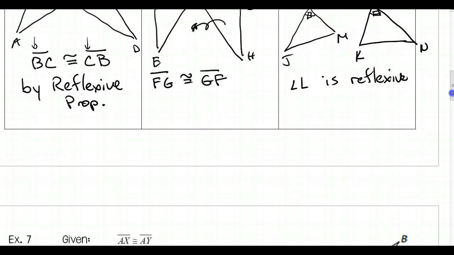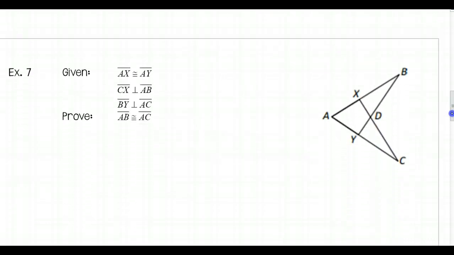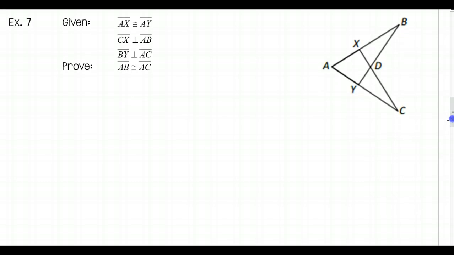All right, so moving on to some proofs. For example 7, we're given that AX is congruent to AY, and I know that CX and AB are perpendicular, so I know that these are right angles over there, and BY is perpendicular to AC, so I know that these are right angles, and I want to prove that AB and AC are congruent.